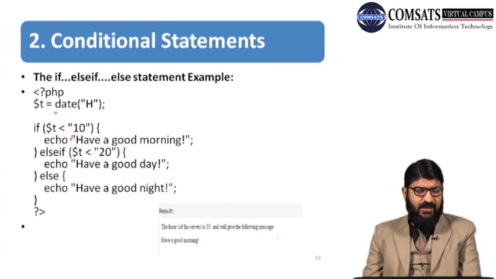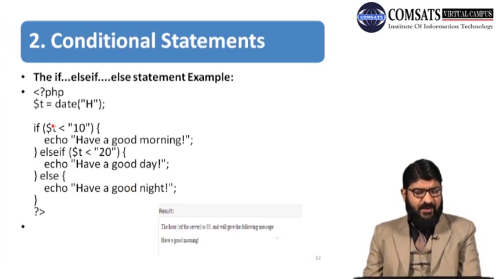Here you can see that the PHP start tag is mentioned with date, and then the string is assigned. The first condition is that the time is less than 10, then the else if value is given, and then else if the condition is less than 20, print "Have a good day", else "Have a good night".